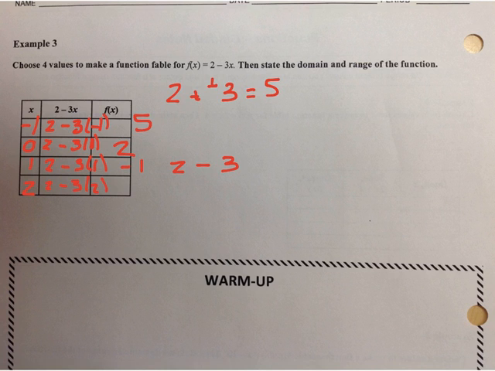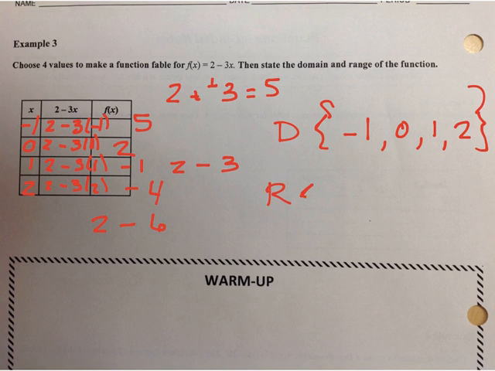Negative 3 times 2 would be negative 6. So 2 minus 6 is negative 4. Excuse the handwriting. So our domain is negative 1, 0, 1, and 2. And our range is 5, 2, negative 1, negative 4.